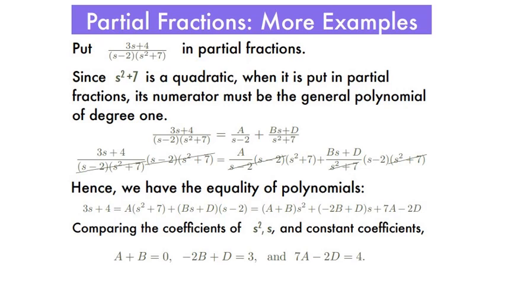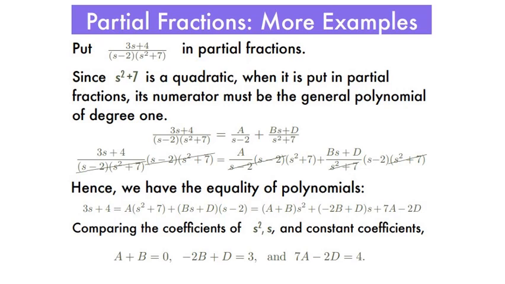Now to solve for a, b and d, multiply completely with the denominator, cancel the common terms. You will get 3s plus 4 equal to a into s square plus 7 plus bs plus d into s minus 2. Now the terms of s square, s are present, so we can compare the coefficients of s square, s and the constants.